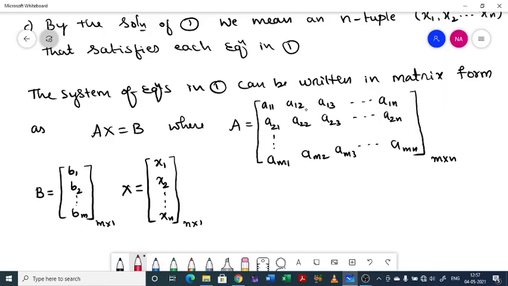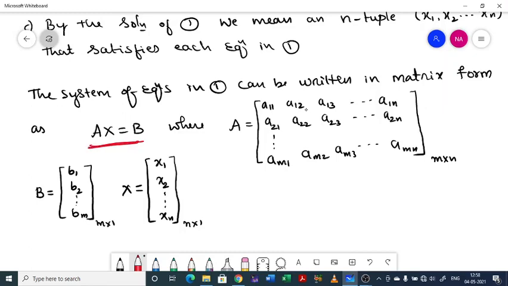So if you substitute for A, X and B here and then multiply this, you get the system of equations written in equation 1. So in matrix form, this is the simple representation of system of equations.